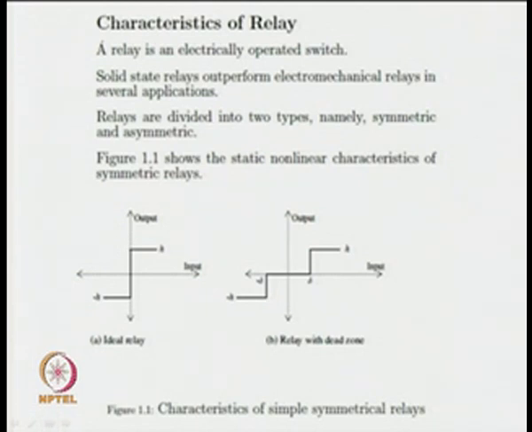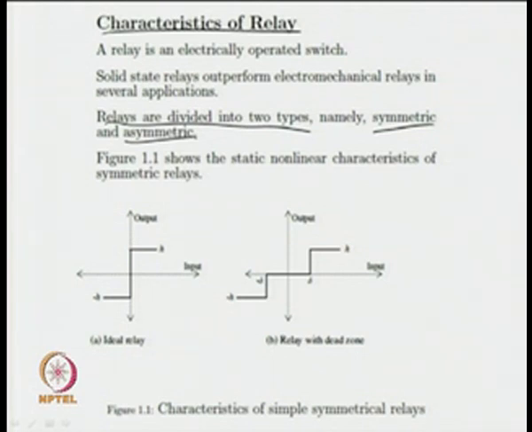Now, let us see the characteristics of a relay. What is a relay? A relay is an electrically operated switch. A relay can be made up of solid state devices and can be of electromechanical type as well. Relays are basically divided into two types, symmetric and asymmetric.